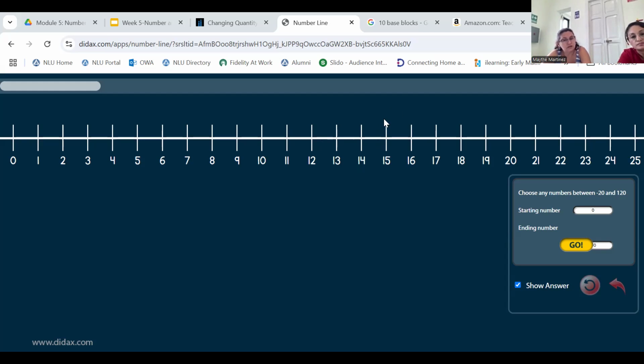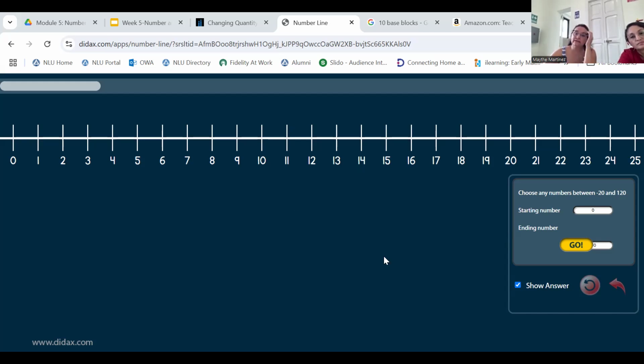They can start with 15 and jump back 5 times, get to 10, and say the answer is 10. Why is this abstract? Because now they're just using the numerals. They no longer have concrete materials to represent the numerals. Now they're using the abstract representations of quantities, which are the numerals, to put together or take away by making jumps on the number line, backwards or onwards. Does that make sense?